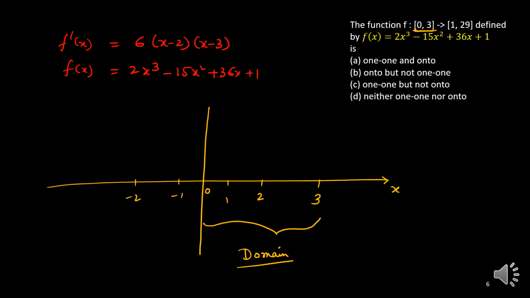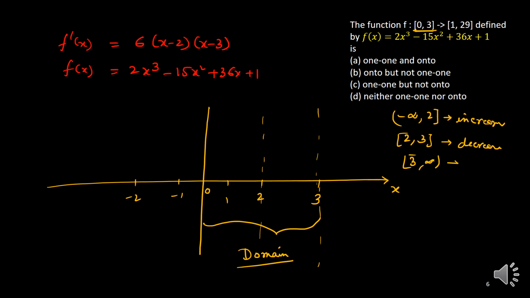We understand that at 2 it has maxima. From minus infinity to 2 it is an increasing function, from 2 to 3 it is decreasing, and beyond 3 to infinity it is again increasing. f of 2 is the maxima and f of 3 is the minima. Remember, this is a local minima, not the entire minima, within that range.